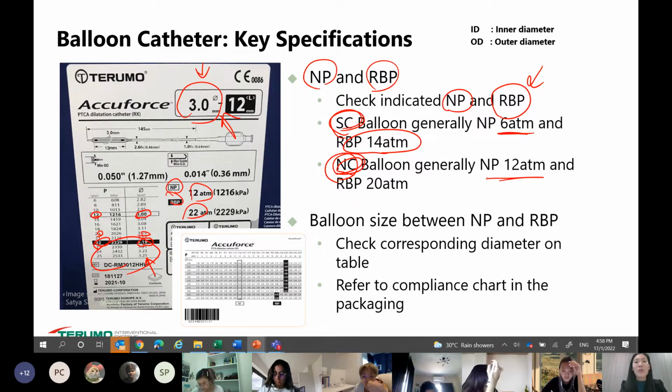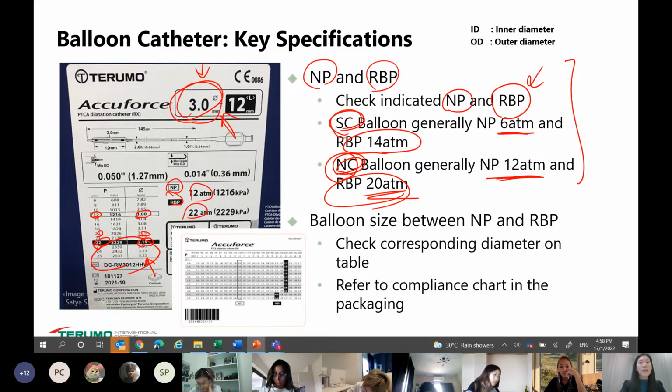At 12 ATM, you can then hit the indicated size, and it's also very hard to burst. So it needs a higher pressure for it to burst. Okay, so basically this is about NP and RBP and the different kinds of balloon: a soft balloon, semi-compliant, and a hard balloon, non-compliant. So for balloon size, as I mentioned, that's how you check between your NP and RBP. You can see what kind of pressure relates to what kind of sizes.